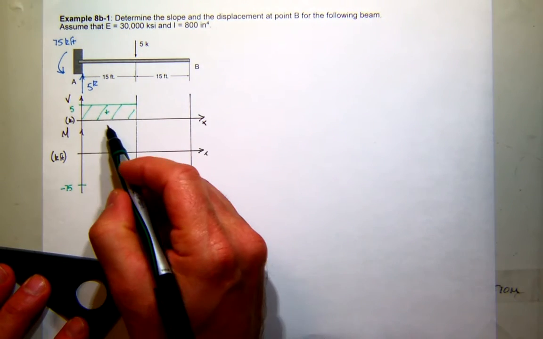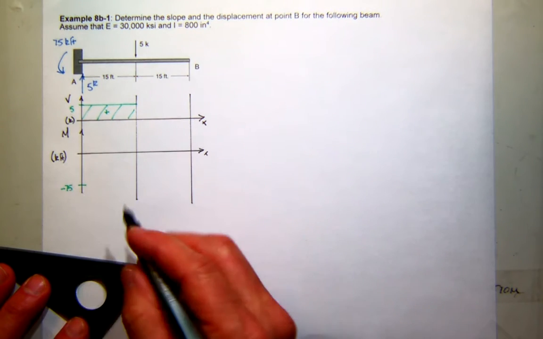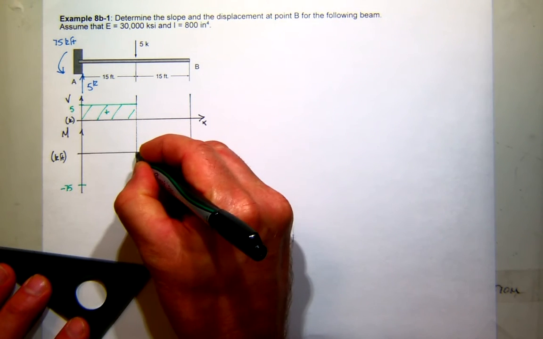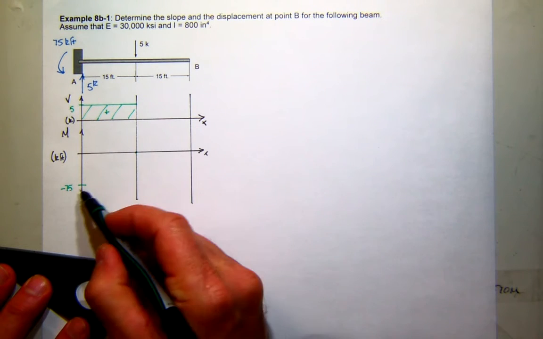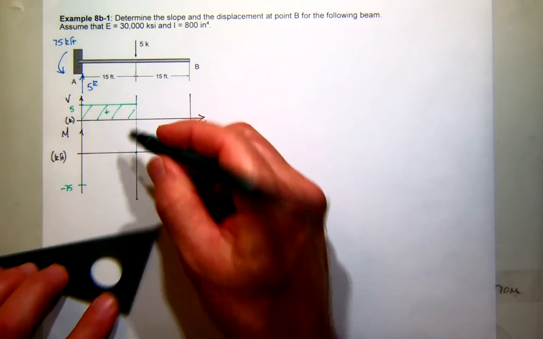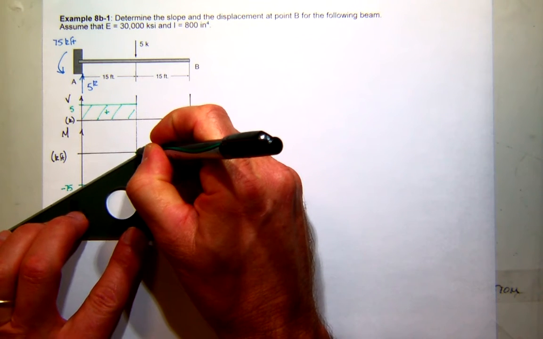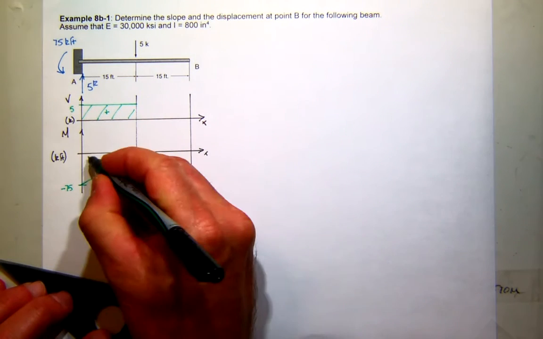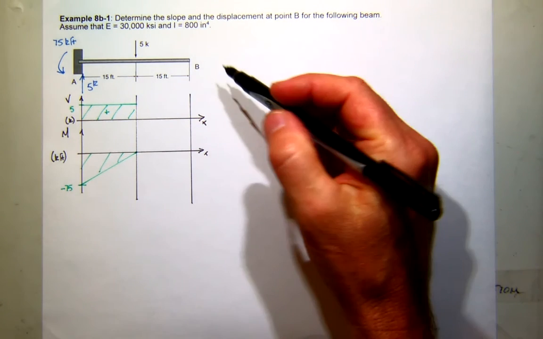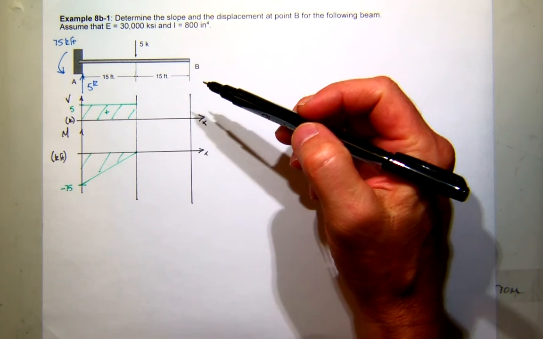It's a rectangle, base times height, 15 times 5 is 75. So if you take negative 75 and add 75, you get 0. And of course, the slope of the moment diagram is equal to the shear, and the shear is constant, and it's positive. So there is my moment diagram. Any questions about that? I think on the first exam, if I'd given you this problem, you'd have been very happy.